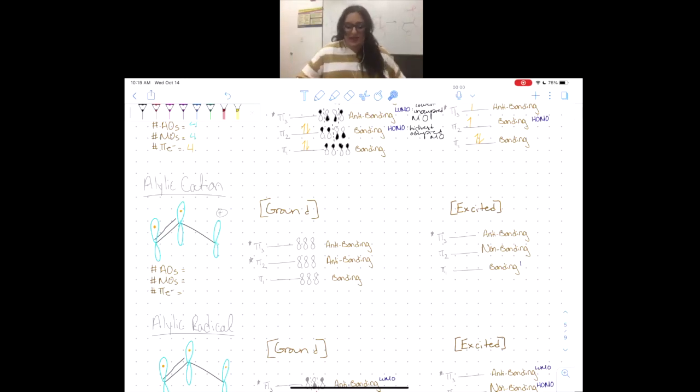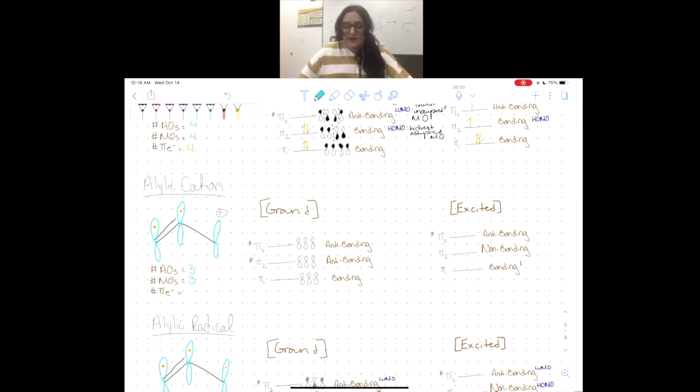So in this case, this is conjugated all across, and we do have 3 pi atomic orbitals. And that translates to 3 molecular orbitals.